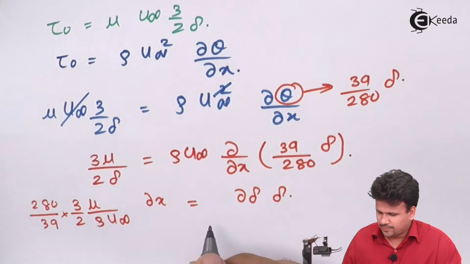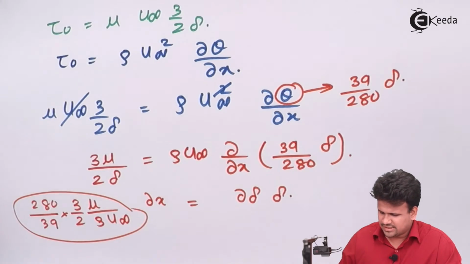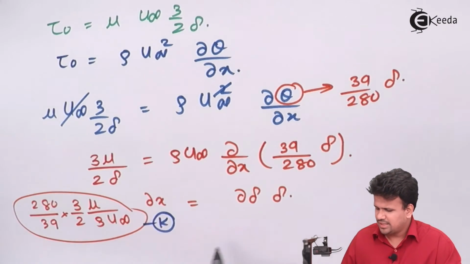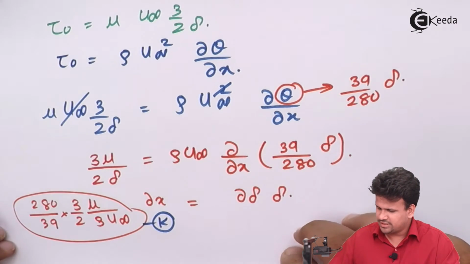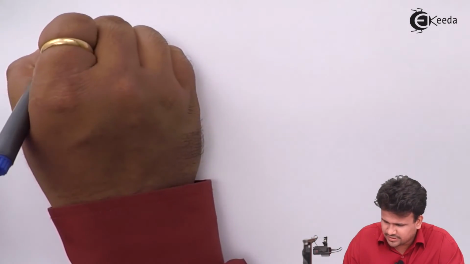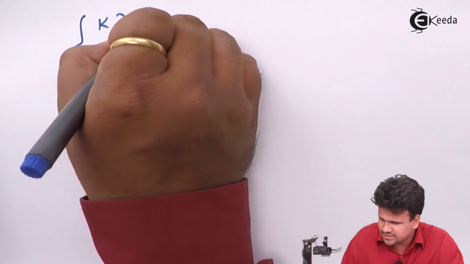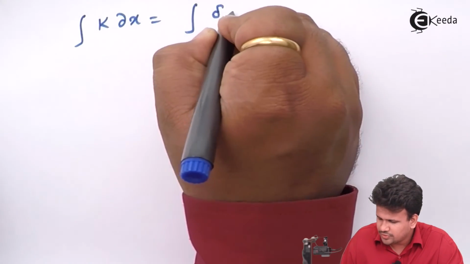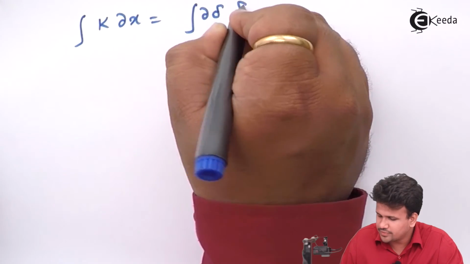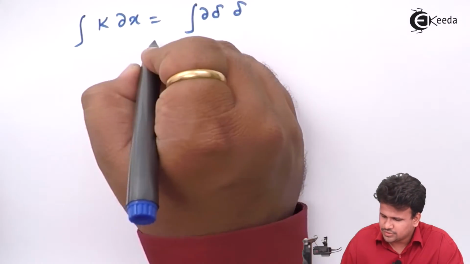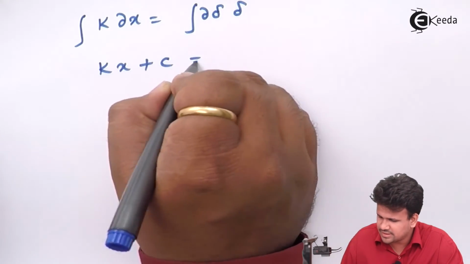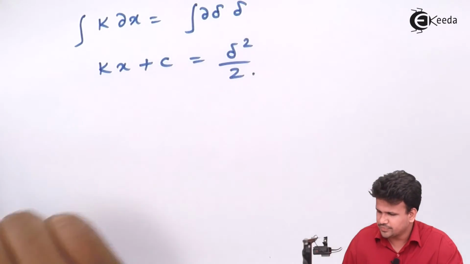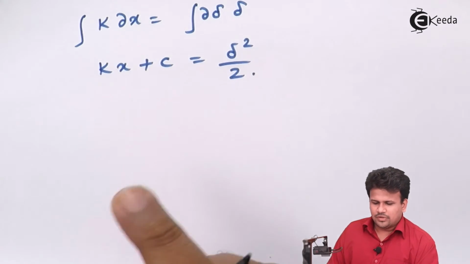We'll consider this part as k because it is a constant, and then we'll integrate these two parts. On rewriting, we get integral k dou x is equal to integral delta dou delta. When we integrate this, we get kx plus c is equal to delta square by 2.